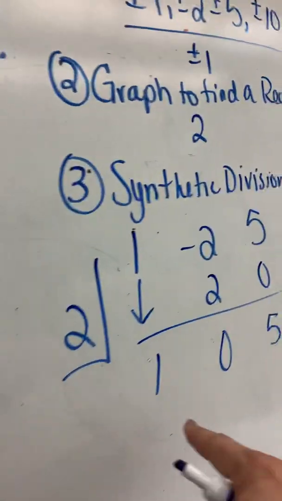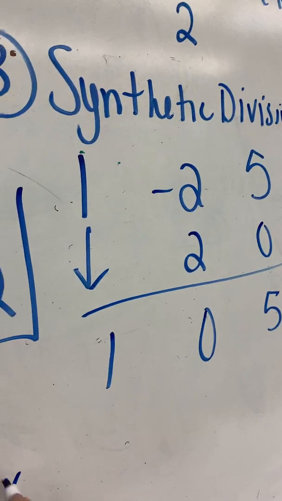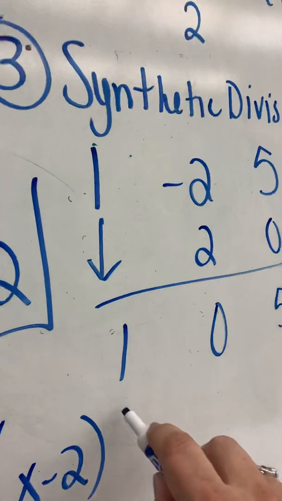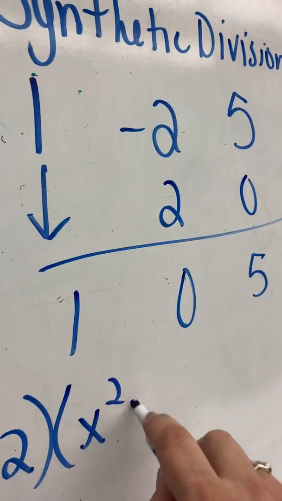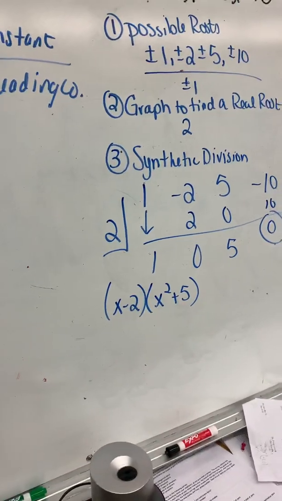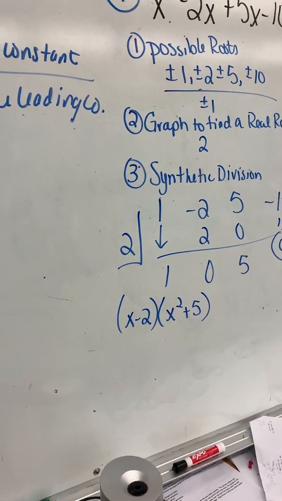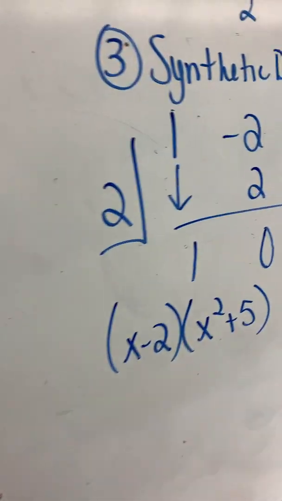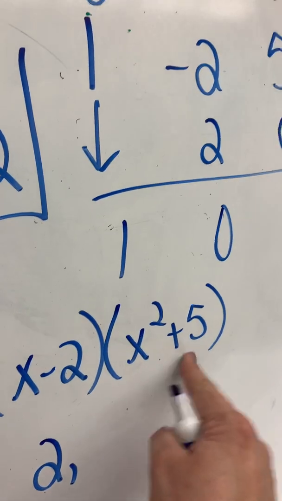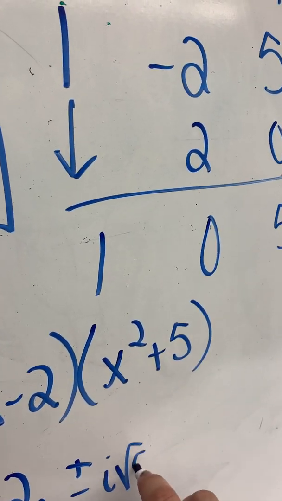So what we're left with here, when you drop this down, so here I'm going to have x minus 2. Now flip the sign when you put it into the parentheses. And then you're going to have x squared plus 5. So there it's factored. Totally factored. To state what this root is, I know that this is 2, and I know that this root is plus or minus i root 5.